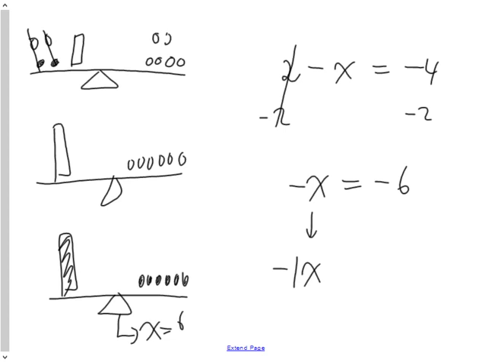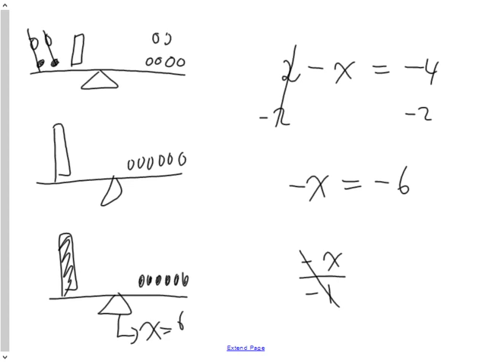But if I was trying to get rid of, let's just say for example, a 2x, I would divide both sides by the coefficient, and that would leave me with x. If it was a -2x, I would divide both sides by -2, and it would leave me with x. Now, if it was a negative x, what would I divide both sides by to get rid of the negative symbol? I would divide by a -1. Agreed?